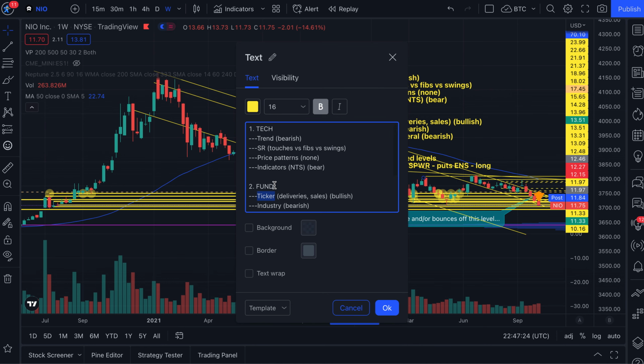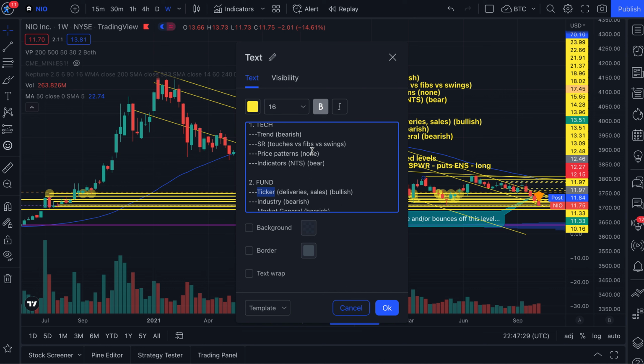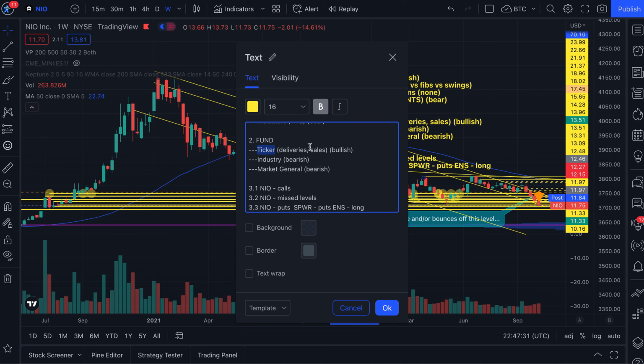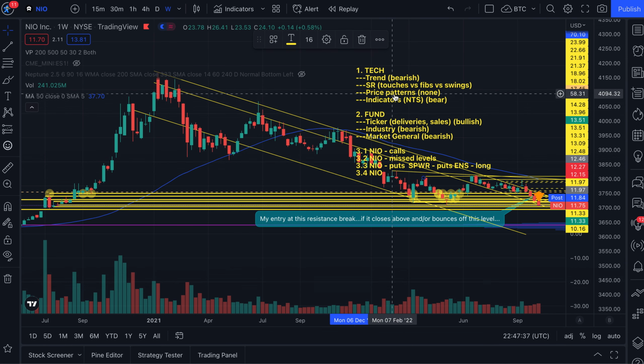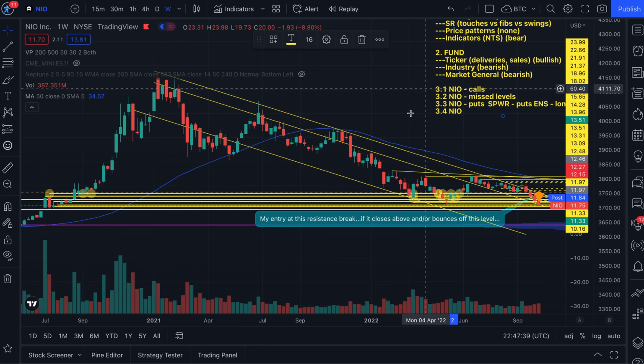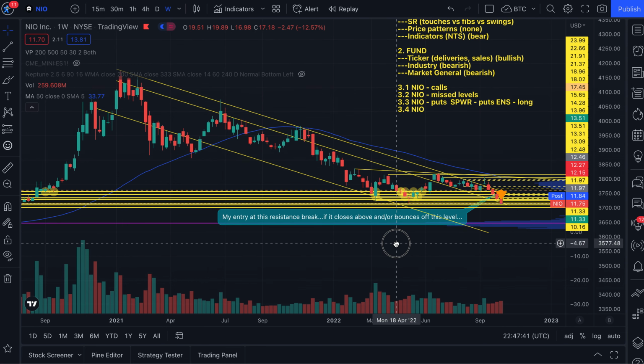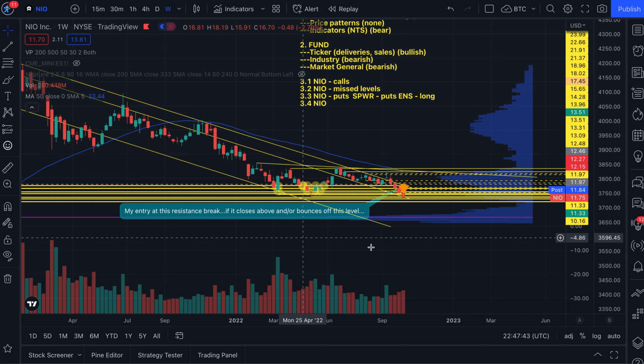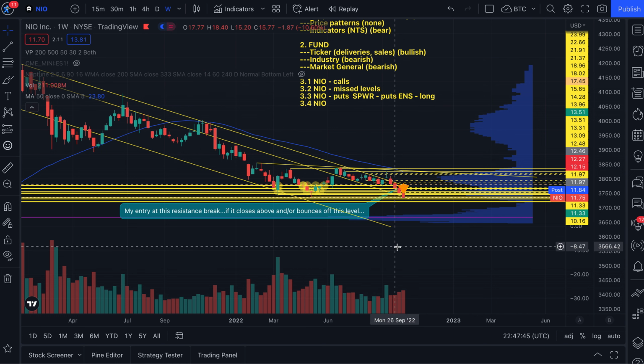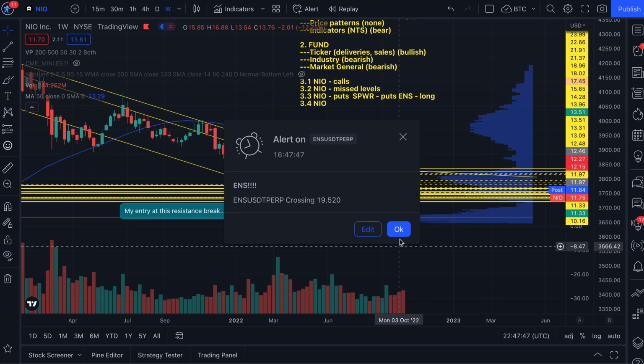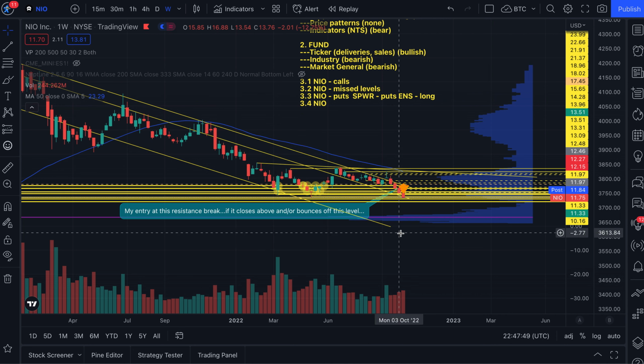So this is what we looked at in that first video, and we went through these. Basically, we focused on this technical stuff, and we said, okay, everything is looking bearish, but we have this bullish news that is NIO specific, and we think that it's worth risking a play on this, because if we look at October, which is over here, remember this is the weekly, it was very bearish.